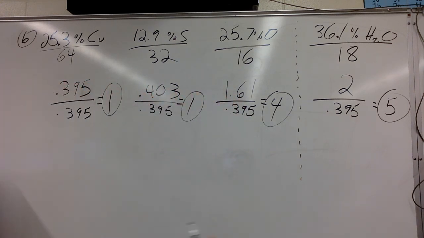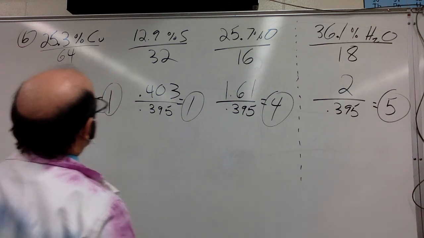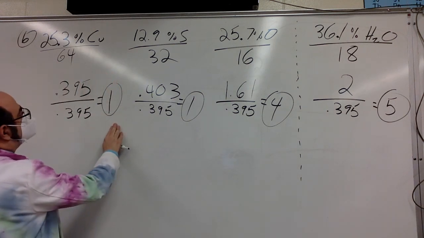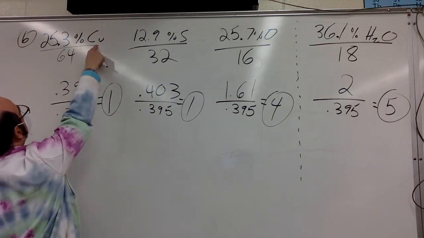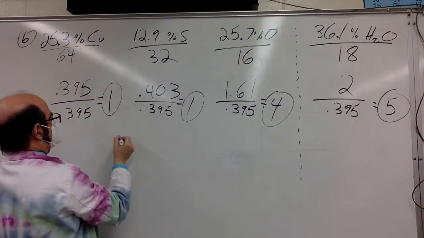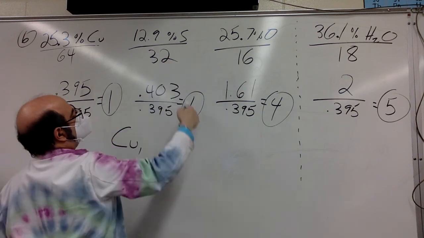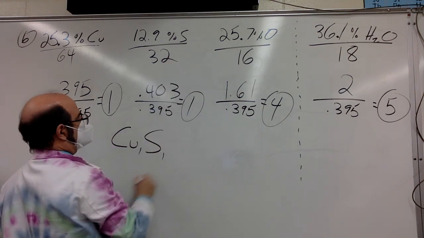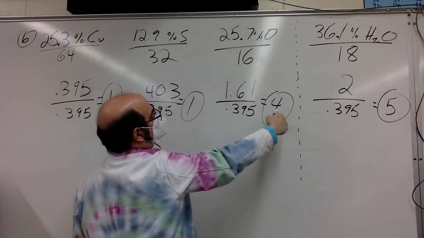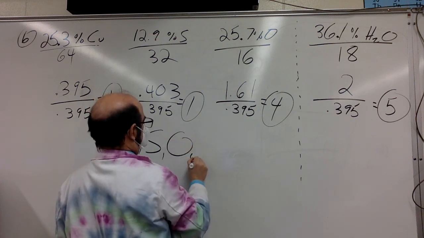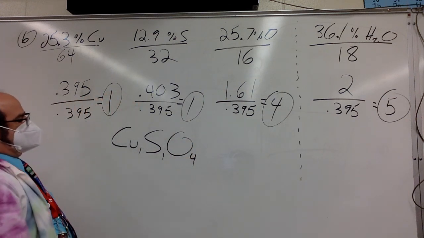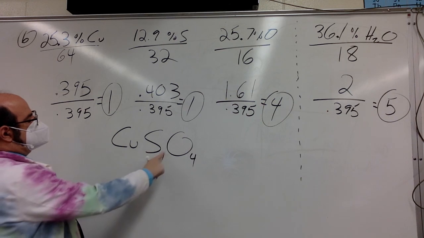So, keeping water aside just for a second, let's do the formula for this one. We have copper. There's one of them. Cu1. Sulfur, one of them. S1. Oxygen, 4 of them. O4. Mr. G, you don't write ones. You're right, I don't.